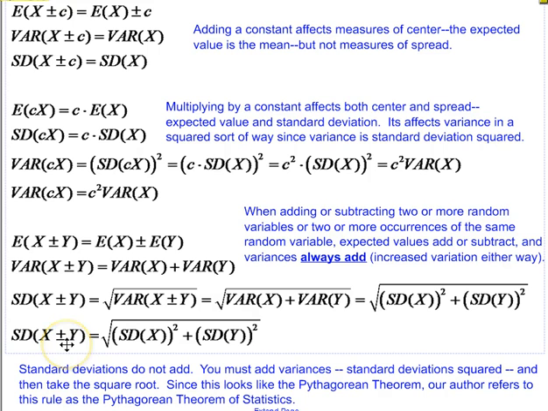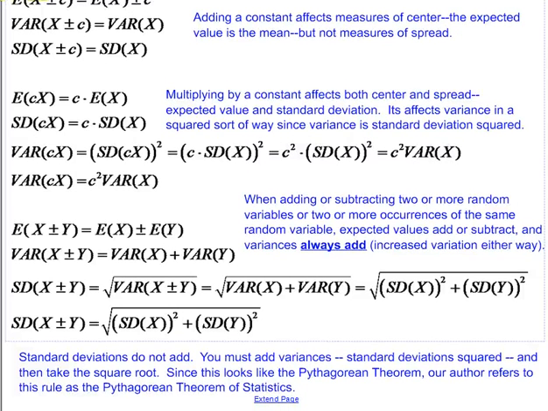We cannot add them or subtract them directly. We always add their squares and then take the square root of the whole thing. Since that looks like the Pythagorean theorem, our author refers to that as the Pythagorean theorem of statistics. Now we're going to apply these rules to the used car dealer problem.